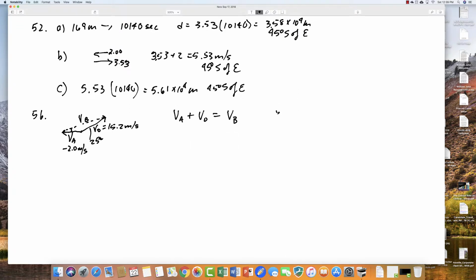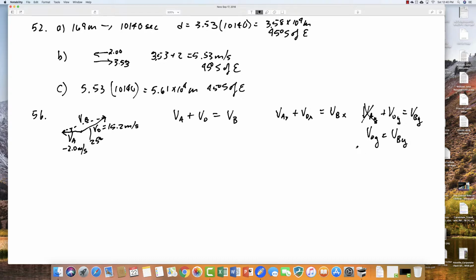So that means that VAx plus V0x equals VBx, and VAy plus V0y is equal to VBy. Now we'll do the y first because VA has no y component. We can mark that out right away. And so that means that V0y is equal to VBy.